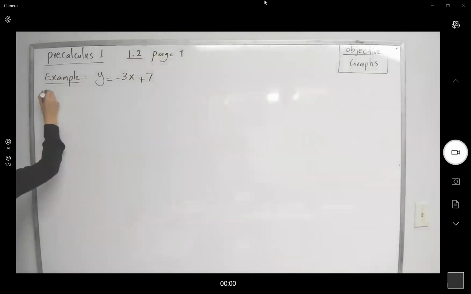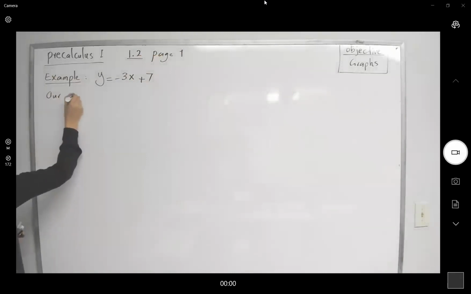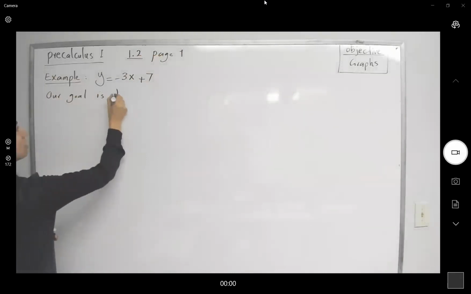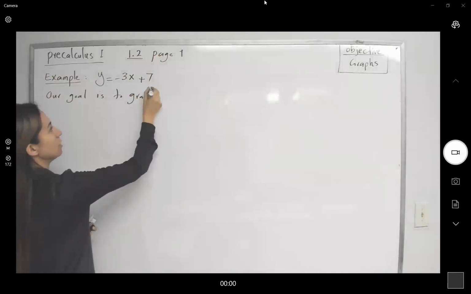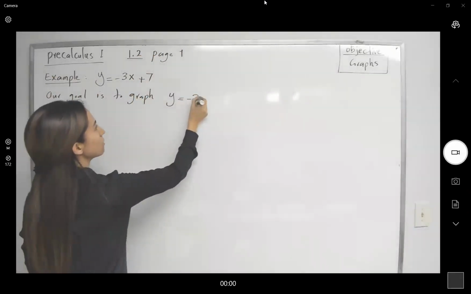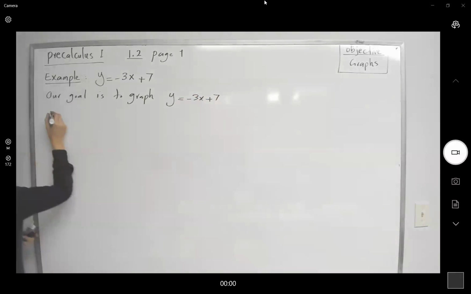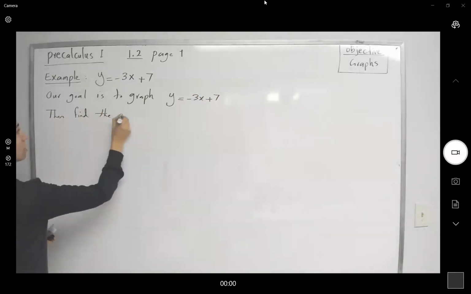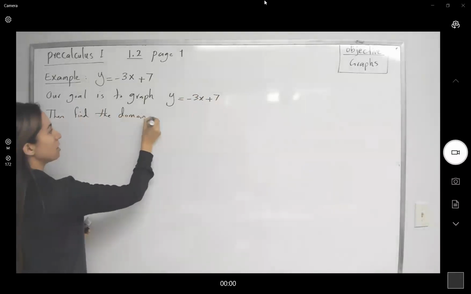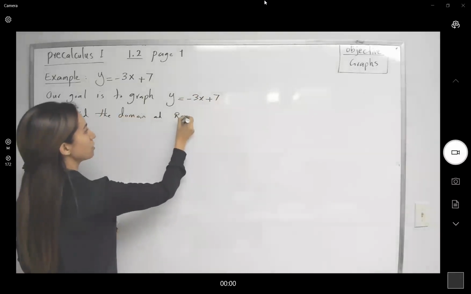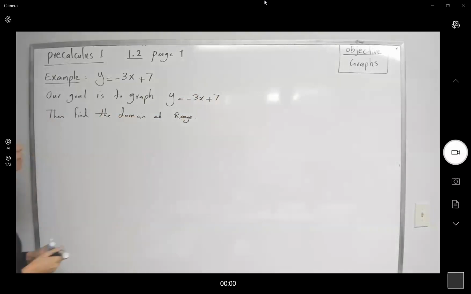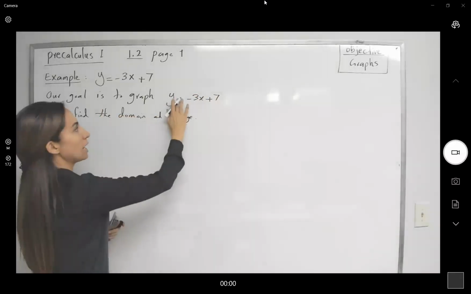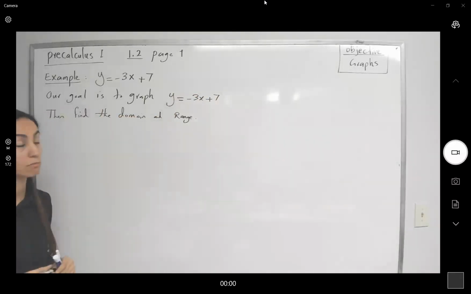So our goal is to graph y equals negative 3x plus 7, then find the domain and range.